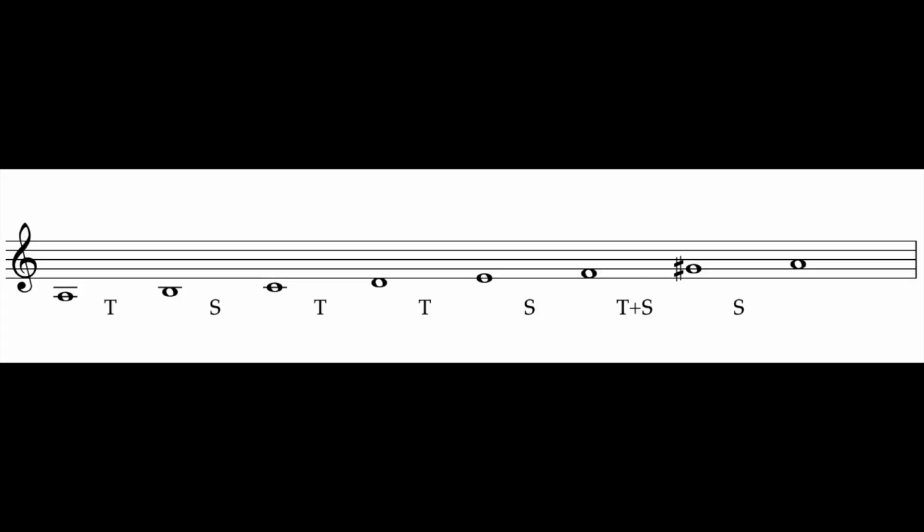In the harmonic form, it goes like this: tone, semitone, tone, tone, semitone, tone and a half, semitone. And it is that tone and a half interval near the top of the scale that gives the harmonic minor scale its particular character, which many musicians describe as being Middle Eastern.